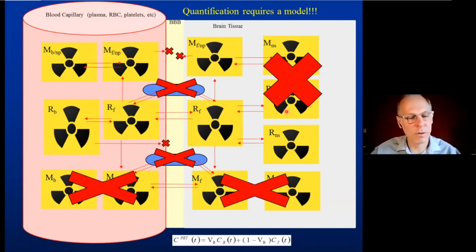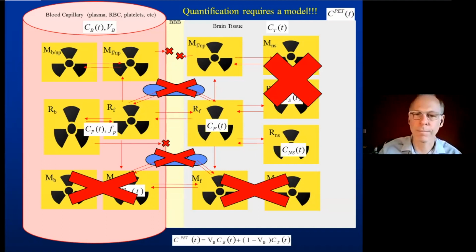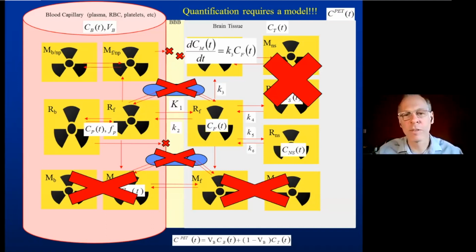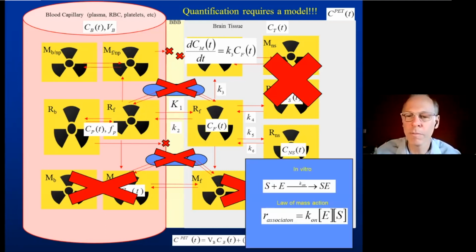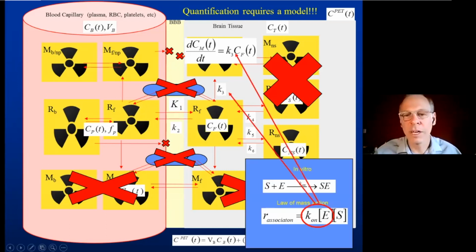In this case, we will not have a reversible specific compartment. Again, we can use the same compartments, rate constants and differential equations, and we can associate the rate constant K3 to the concentration of the enzyme that we are trying to measure.